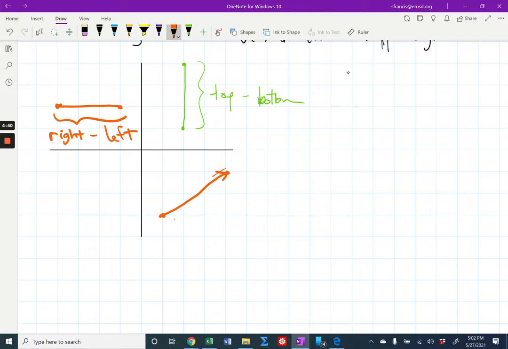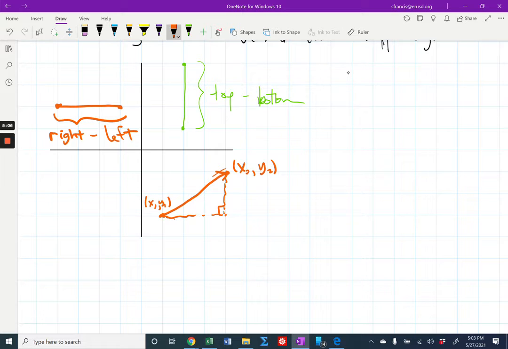And to find this length, you guys remember, I'm sure, from geometry or an earlier math class, you'd run the Pythagorean theorem. We'd find out how long this length is and how long this length is. And then we would, let's call this x1, y1, and x2, y2. And then we would do, like I said, find those lengths and do the Pythagorean theorem.